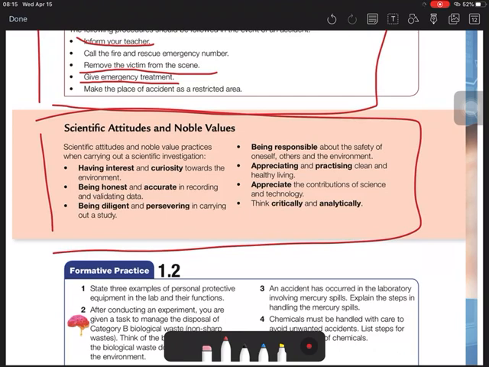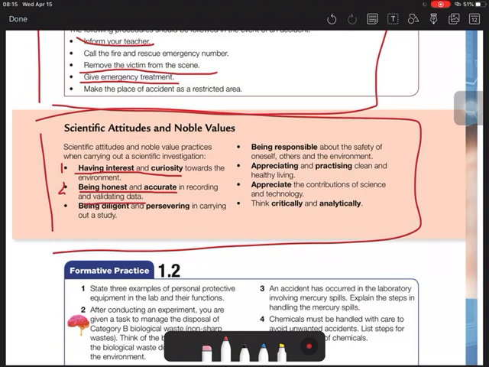Number one, you must have interest and curiosity towards the environment. What makes you a good scientist is having all these attributes, how many? 1, 2, 3, 4, 5, 6, 7. Seven attributes. Three of these you've learned in Form 1. Number 1 is having interest and curiosity. Number 2, being honest and accurate in recording and validating data.